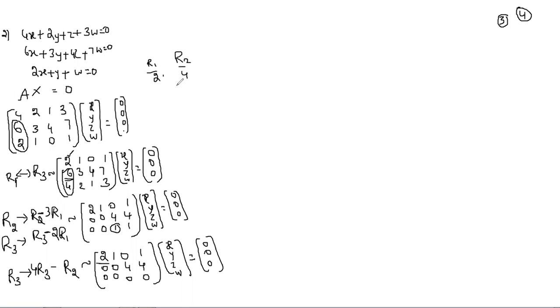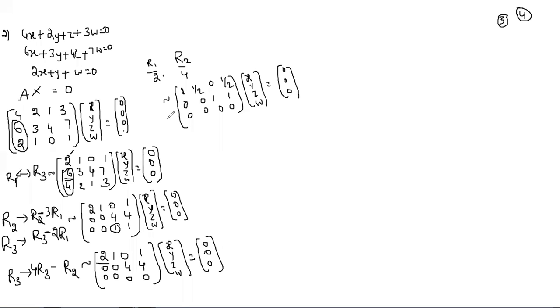Just dividing, it is equivalent to what we'll get: here it is 1, and here we'll get 1 by 2, 0, 1 by 2. Next, here it is having 0, 0, 1, 1. And next the complete row of zeros. And the rest remains as it is, we are writing X, Y, Z, W equal to 0, 0, 0.